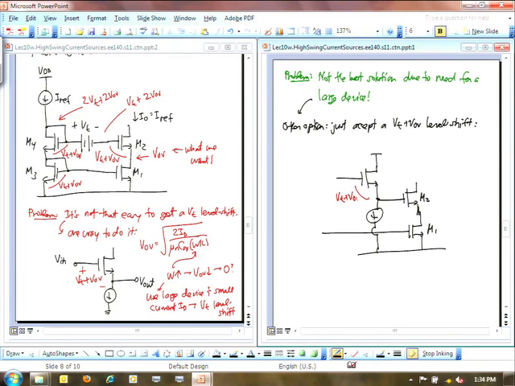And somehow, I'm going to need to create at this node here 2 VT plus 3 VOV.